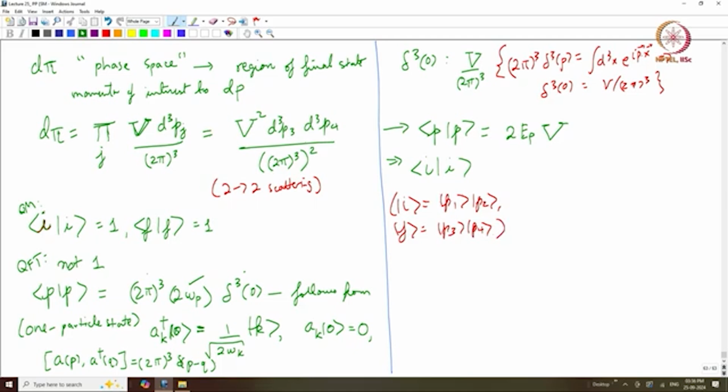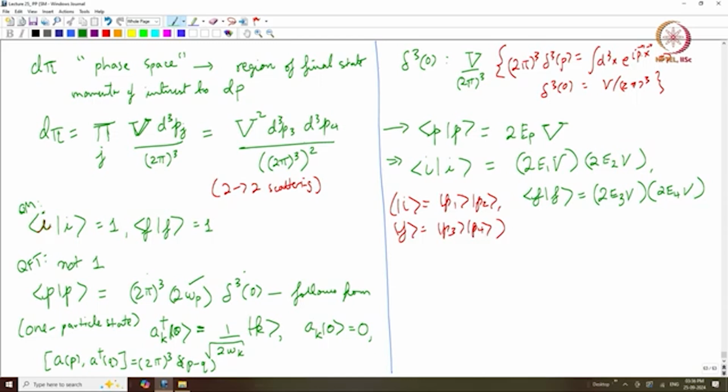So this norm is nothing but 2E1V times 2E2V. And similarly, the final state norm is 2E3V times 2E4V. That's it actually.